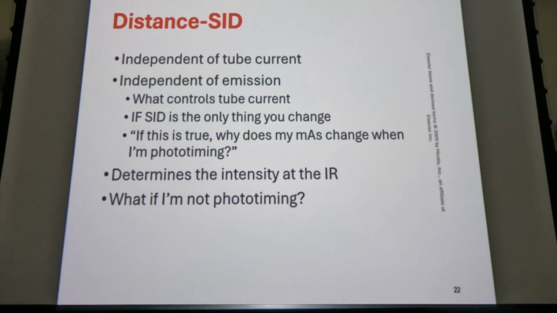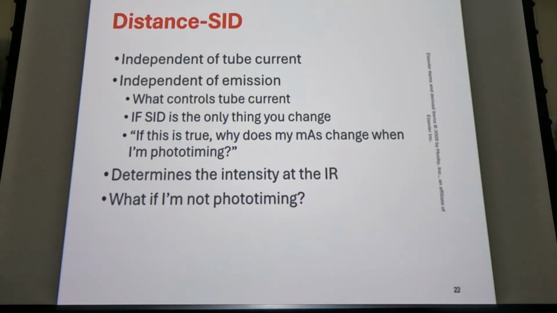Okay? The same people who write the registry review books write questions for the registry. So, why do I take questions and maybe put my own spin on them out of registry review books? You're going to see them again, most likely. Okay? So, are you going to see one that says changes in SID are independent of tube current?